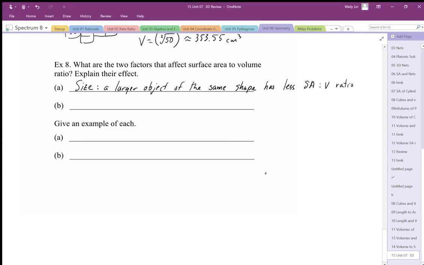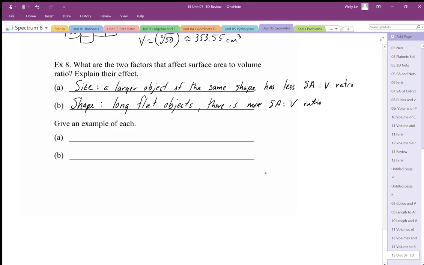Okay. The other thing is shape. So shape is the other factor involved. So the two things are size and shape. If you have long, flat objects, you have more surface area to volume ratio.